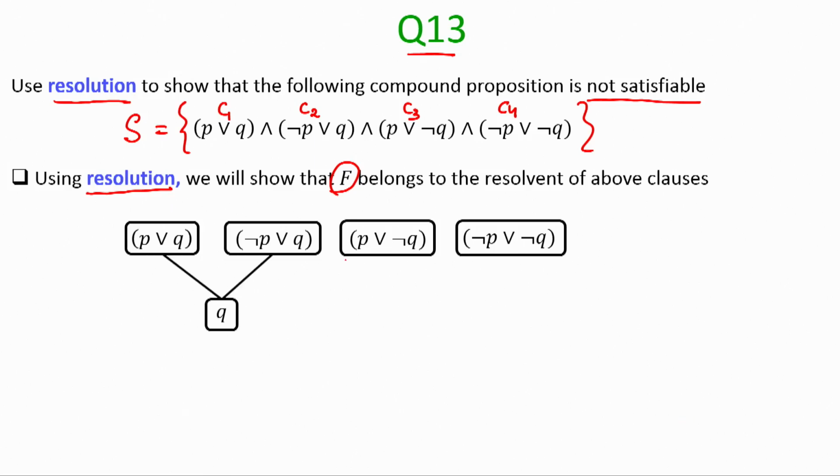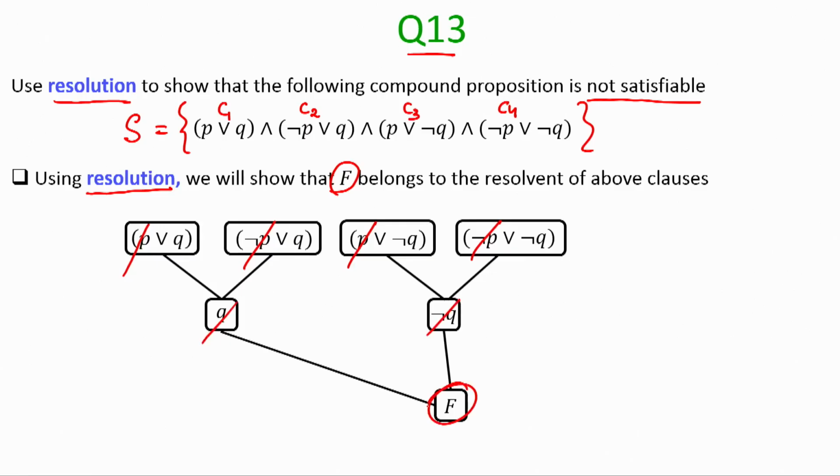So, I can pick the first 2 clauses and resolve P, and then I can pick the next 2 clauses, the last 2 clauses, and I can again resolve P. So, the resolvents are now added to the tree, and now I can pick these 2 resolvents for resolving and I obtain the conclusion f, the constant f, which shows that the conjunction of these 4 clauses is not satisfiable.